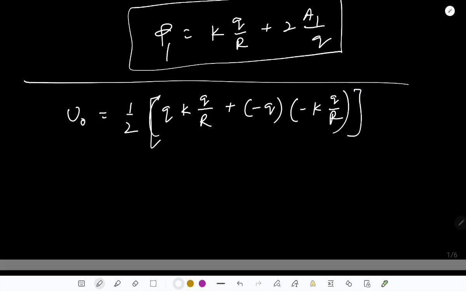I think this is the initial electrostatic energy of the system.